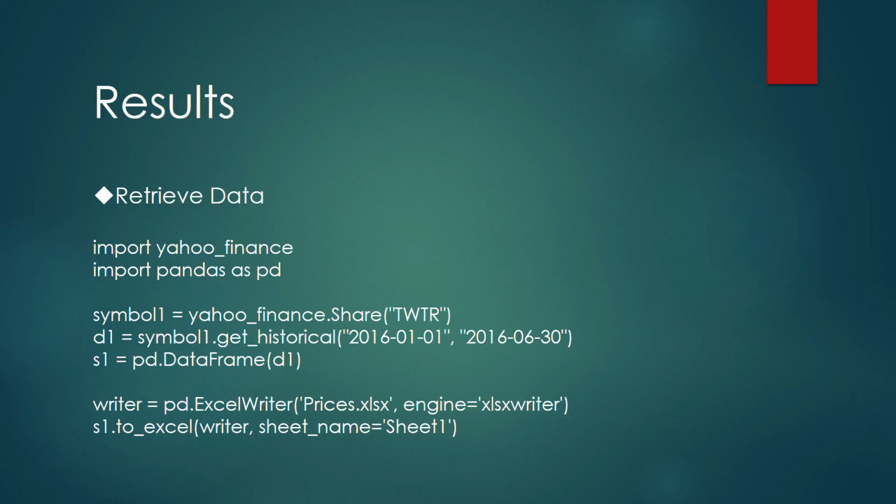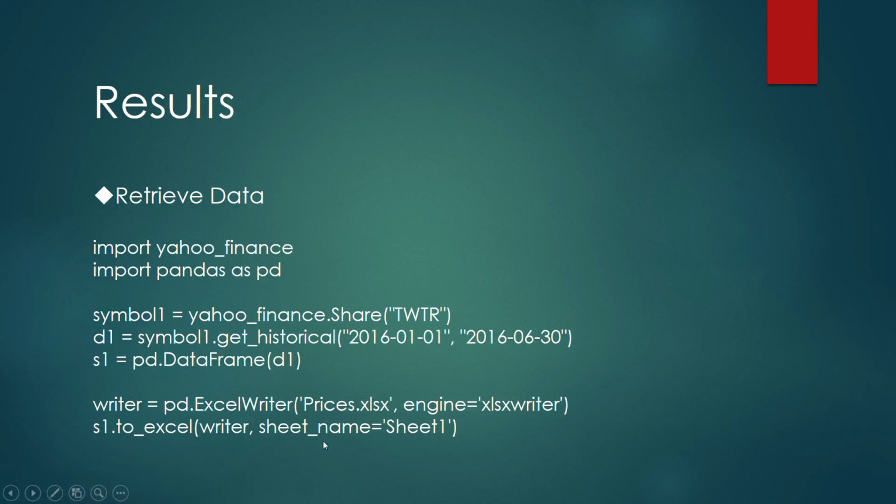Luckily, there is already a library in Python called Yahoo Finance. We first downloaded this library onto our computer, and once we had installed the Yahoo Finance library, we used the code to get the data for us, with a time interval from January 1st, 2016 to June 30, 2016, this year.